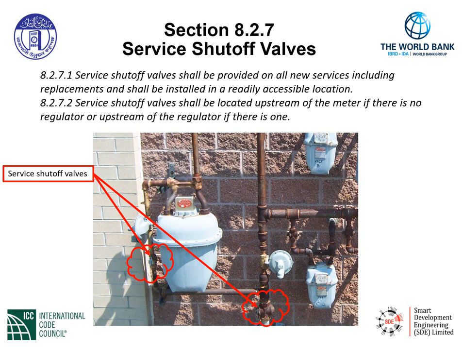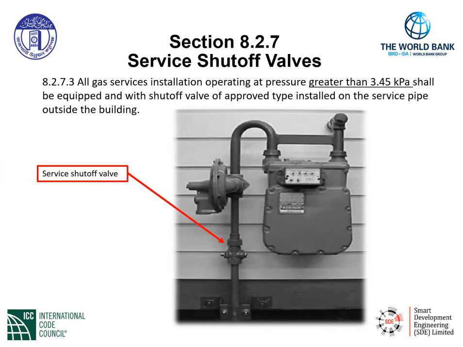We have to have a service valve located upstream of that regulator. Upstream means prior to supplying the regulator, and as you can see below that regulator, there is, in fact, a valve at that point. And that complies with this section of code.